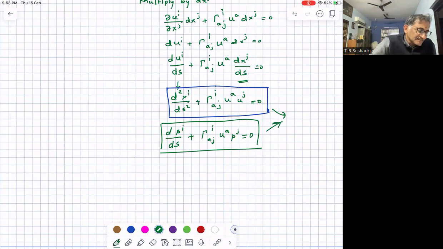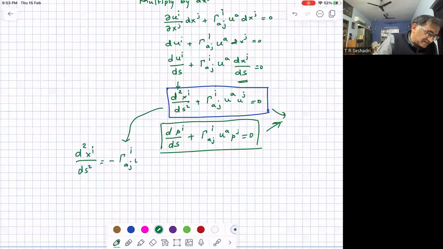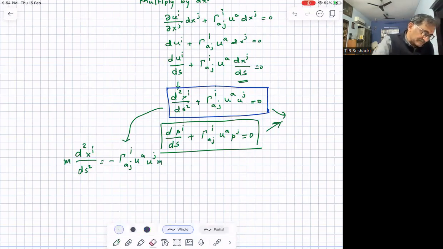Now, there is something very interesting you find. This means that d²x^i/ds² is equal to minus Γ^i_{aj} u^a u^j. Now, this is like Newton's law, in some sense, except for the proper time acceleration. And if I have m, I will have this as p^j.